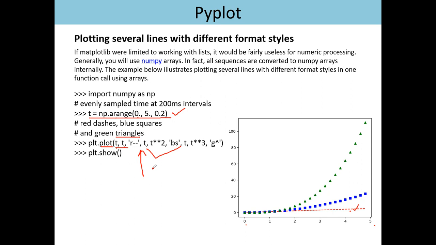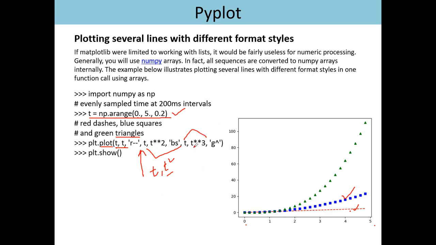In the next phase we are getting t and t square. We are passing t and t square, meaning every value inside the t array, and on the y axis we are getting the square. That's why we are getting this line. And the next one is t and t cube.